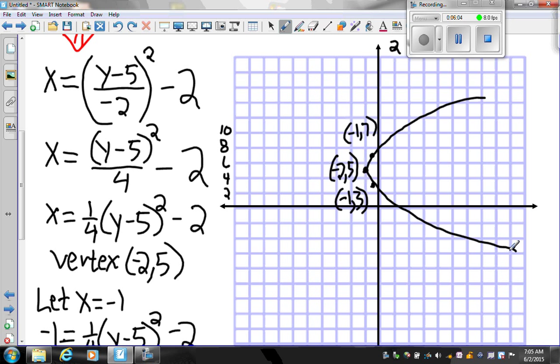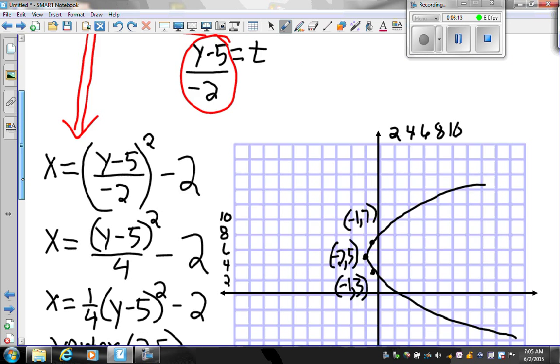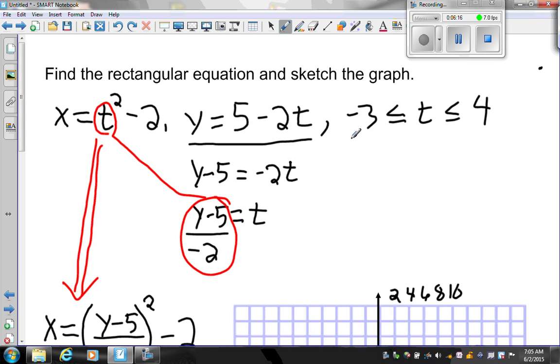Now, our parabola is going to open to the right, and we need to eliminate the part of the graph according to the restrictions where t is negative 3 to 4.